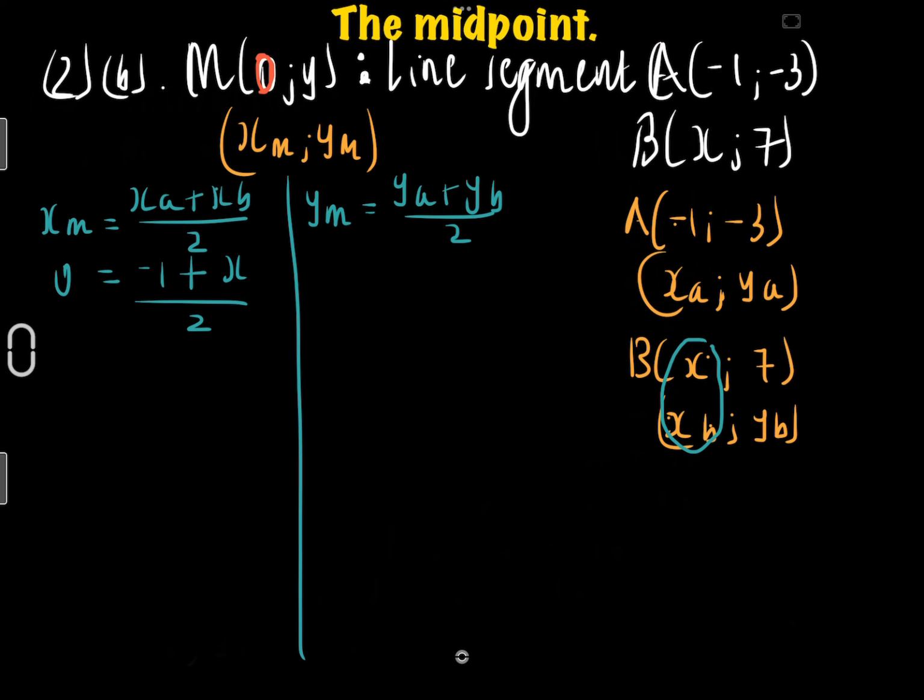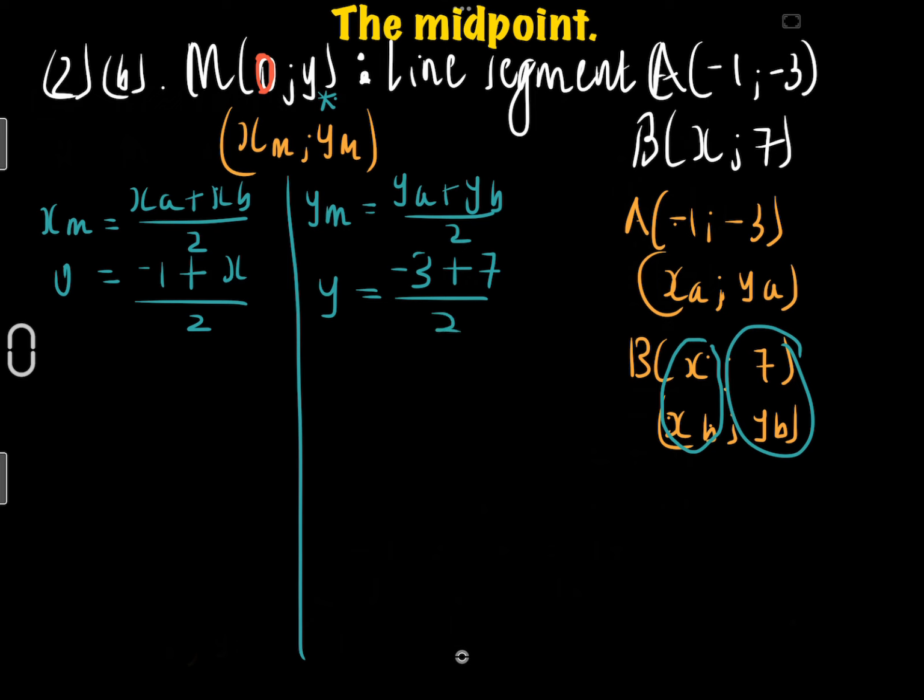We need to substitute these parameters into the general equation. So ym in this case is just a variable, so we have y is equal to, and remember it needs to be written in this format because we are annotating it, ya, which is -3, plus yb, which is simply 7, divided by 2.